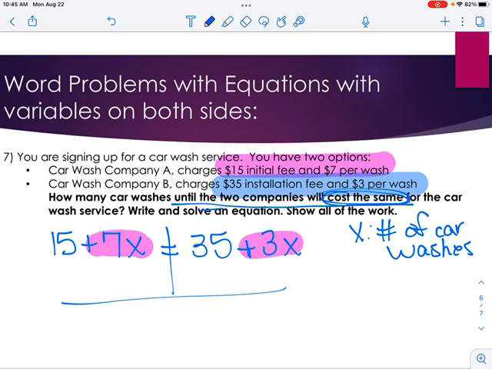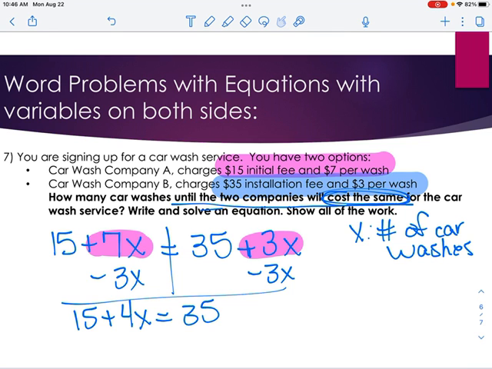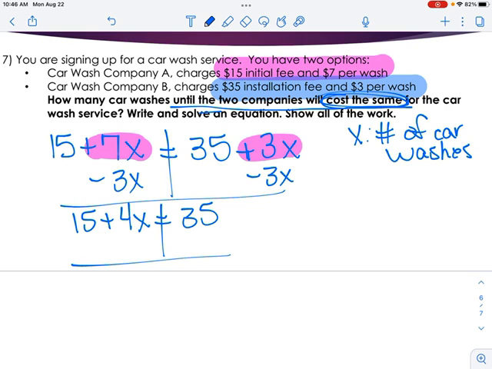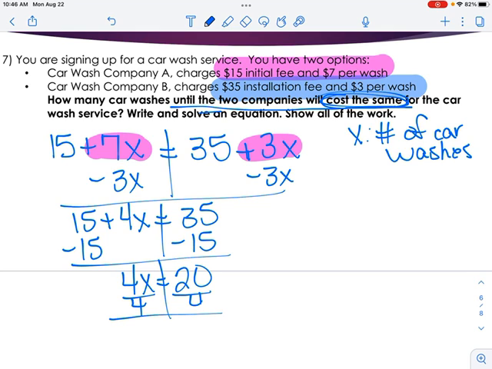So I'm going to minus 3x from both sides. That gets me 15 plus 4x equals 35. My next step then is I'm now going to minus my 15 from both sides. So I get 4x is equal to 20. At that point, I'm going to divide by 4, and I end up with x equals 5.